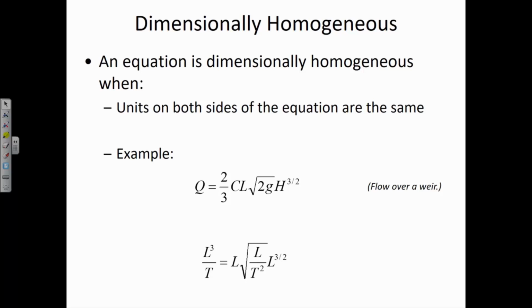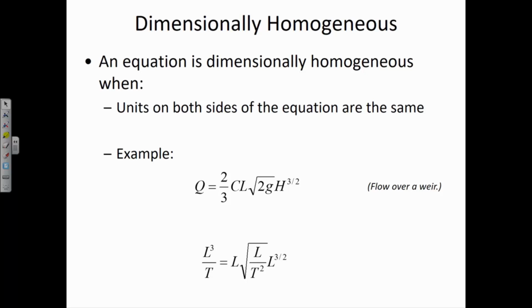The units are the same on both sides, and oftentimes an equation being dimensionally homogeneous is a clue that it's a fundamental equation based on observations in physics, based on the laws of physics and the fundamentals of physical behavior rather than an empirical equation.